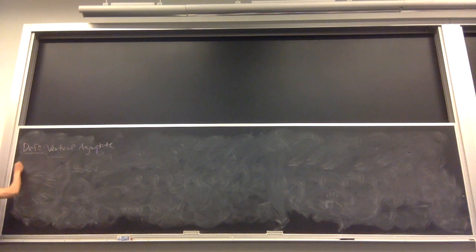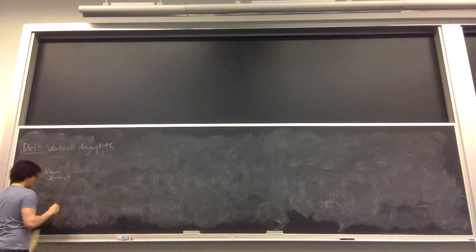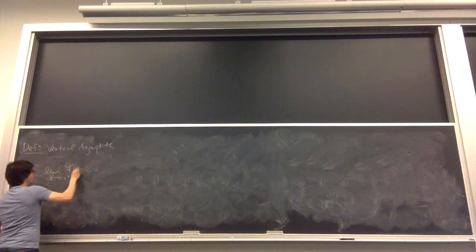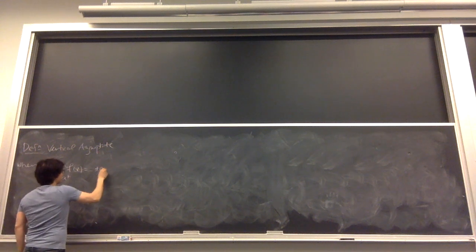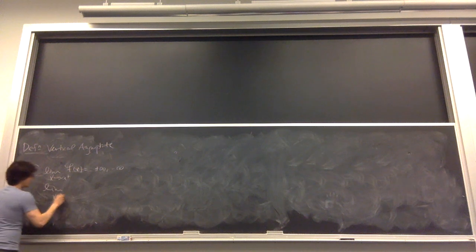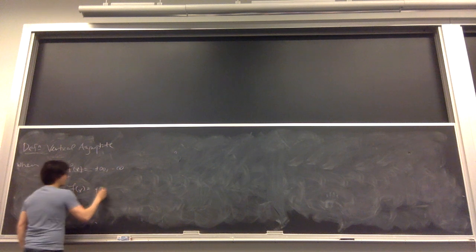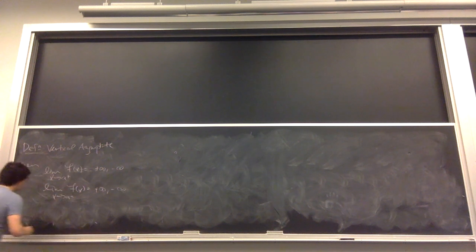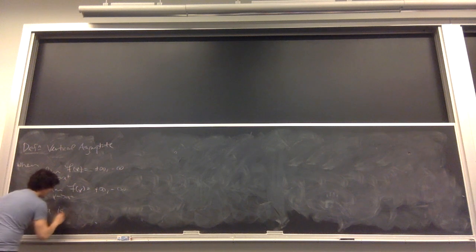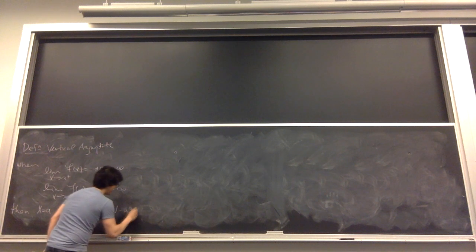The algebraic expression for that is: when the limit as x goes to a from the right of f of x is equal to positive infinity or minus infinity, and the limit as x goes to a from the left of f of x is equal to plus infinity or minus infinity, then the line x equals a is called a vertical asymptote.